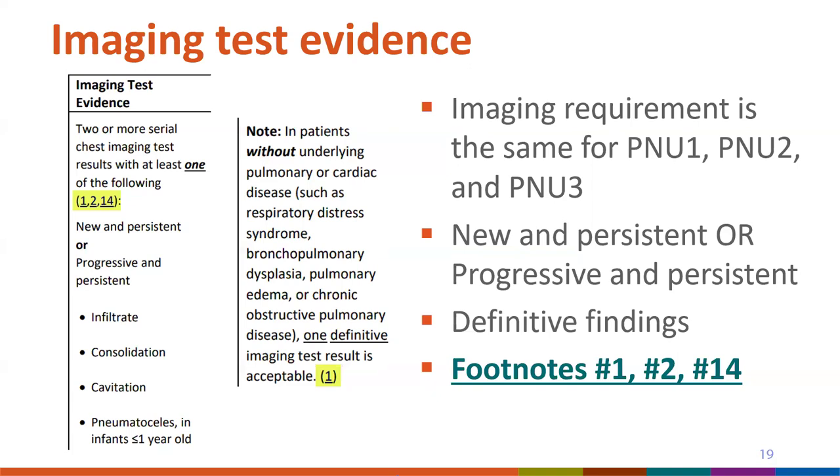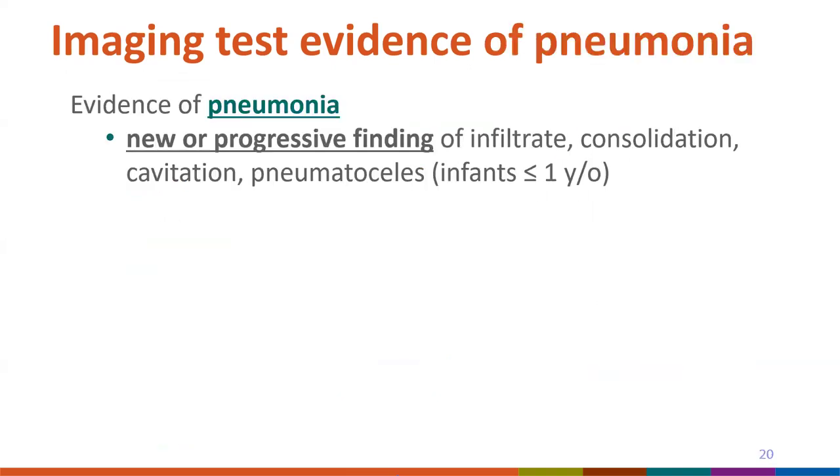Definitive findings for new are listed: infiltrate, consolidation, cavitation, and for infants less than or equal to 1 year old, pneumatoceles. And again, don't forget the footnotes. The information in the footnotes must be applied when determining if the imaging requirement is met.